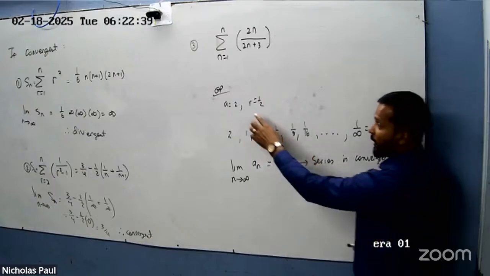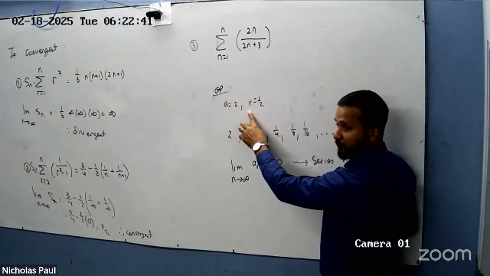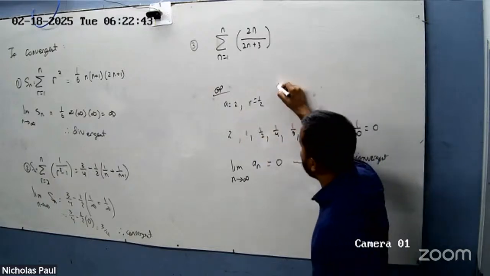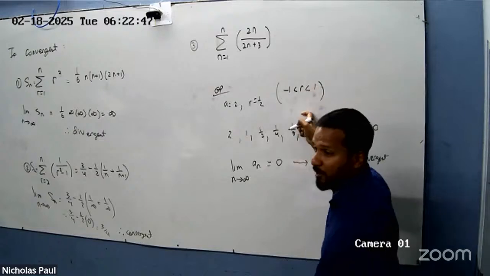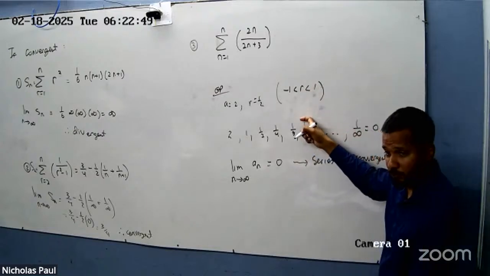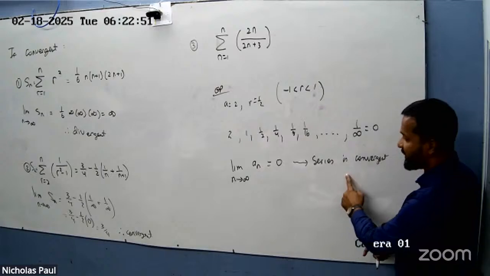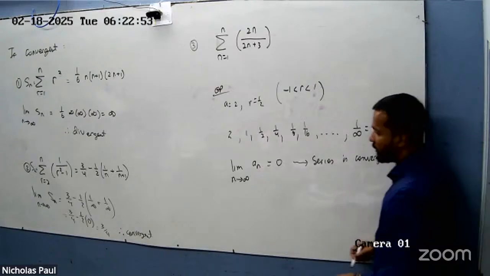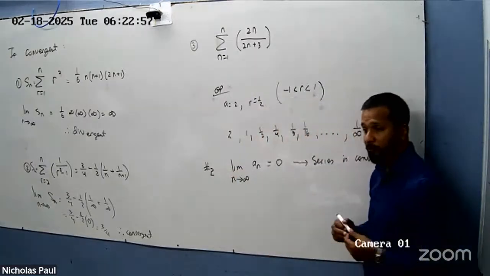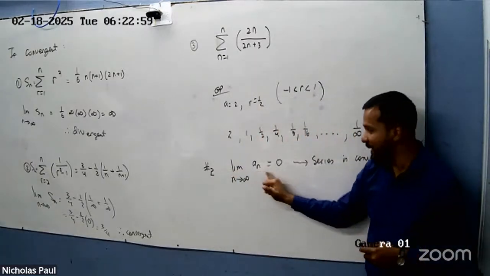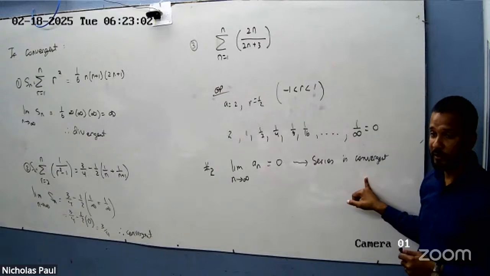Because we know that once we have a GP between -1 and 1, it's convergent. Are you okay with that? So this is a second rule that you can add: if the sequence tends to 0, it's convergent.